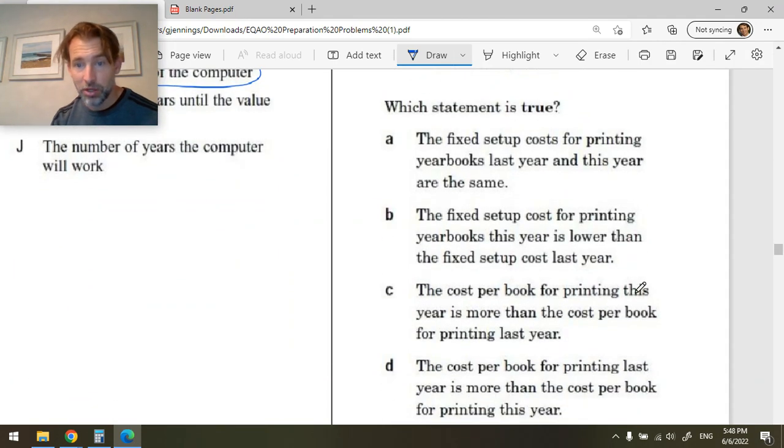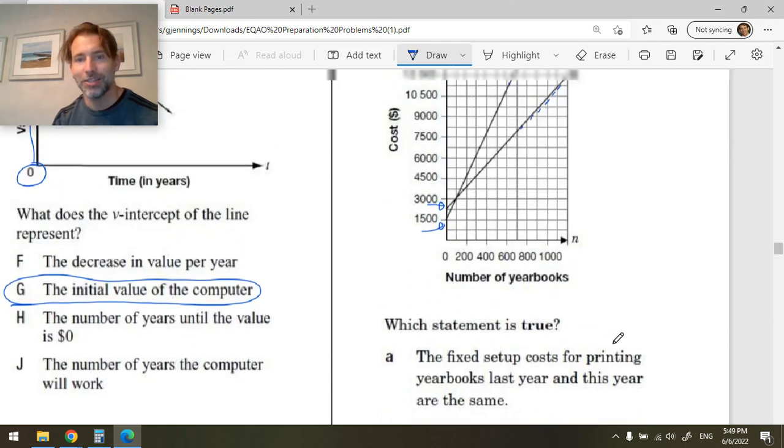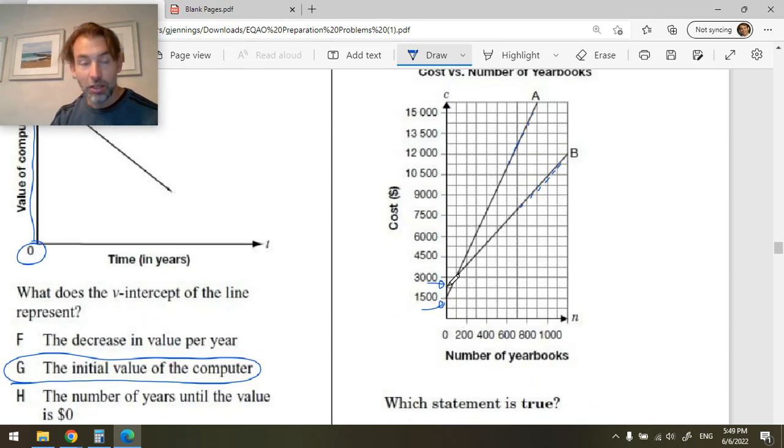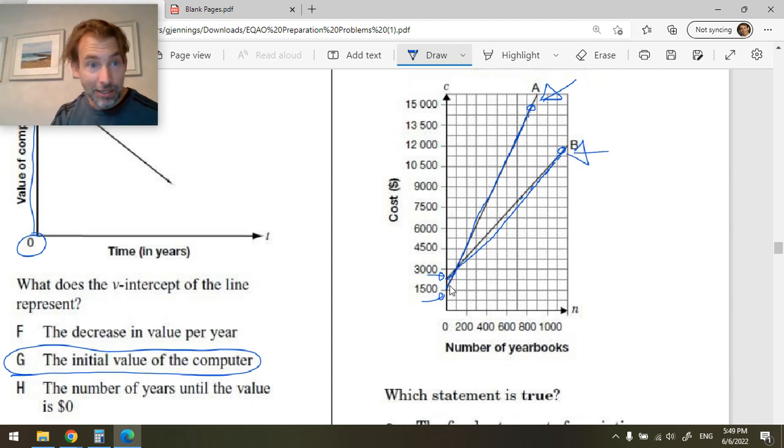The cost per book for printing this year is more than the cost for printing last year. No, it's not. Look, the cost per book is lower this year because the slope is lower. Here, the slope is higher. So this means higher cost per book. This is lower cost per book. So C's not right.